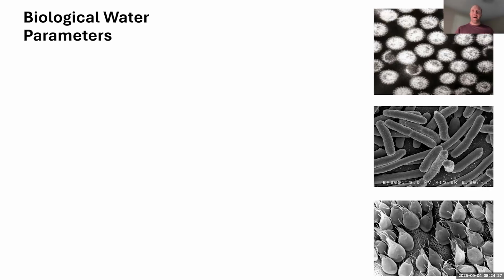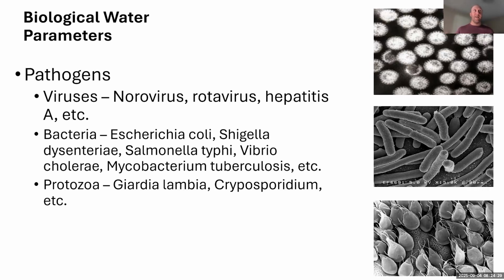Okay, so the thing that we're really concerned about in water is pathogens. This is for drinking water. And so for drinking water, we of course don't want to get our customers, our community sick. So we care about what pathogens are in the water. This can include viruses such as norovirus, rotavirus, hepatitis A, and others.